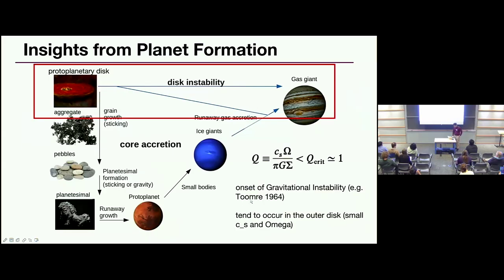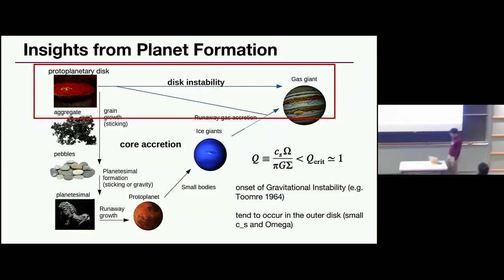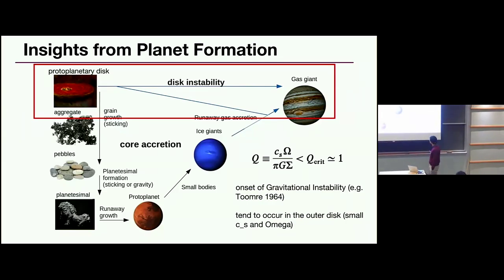But the story I tell today will focus on another channel called gravitational instability. It happens when, in the outer part of the disk, the Toomre Q parameter drops below unity. And if the disk is fast cooling, and it's also very thick or compact, then it will tend to collapse into fragments, which happens in some very heavy protoplanetary disks.